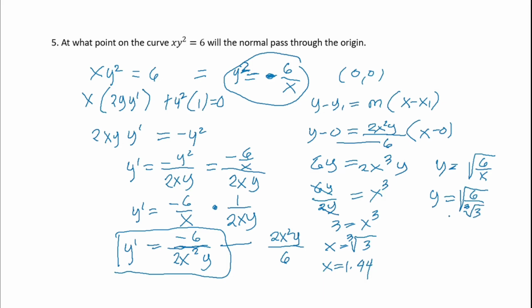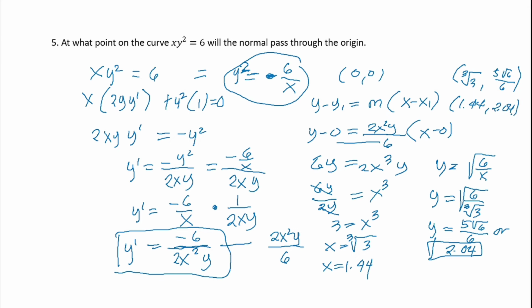If we're going to simplify, y is equal to 5 square root of 6 over 6 or 2.04. So the point here is cube root of 3 and 5 square root of 6 over 6, or in decimal, 1.44 and 2.04. So this is the point on the curve xy squared is equal to 6 where the normal passes through the origin. So that is number 5.